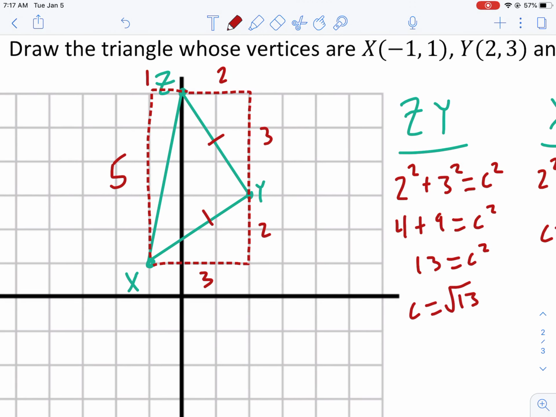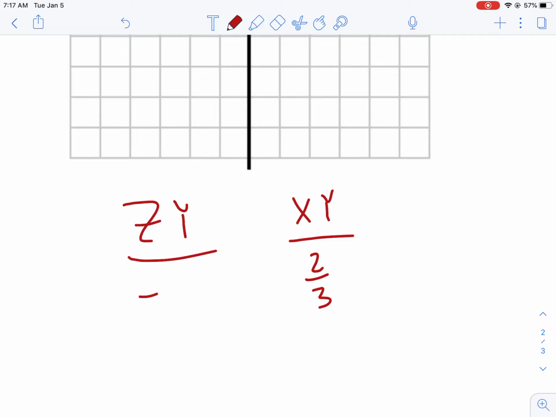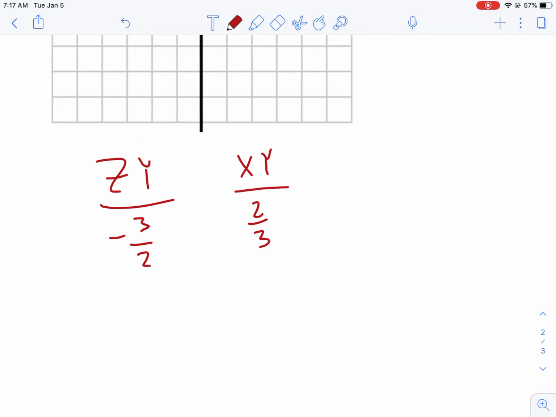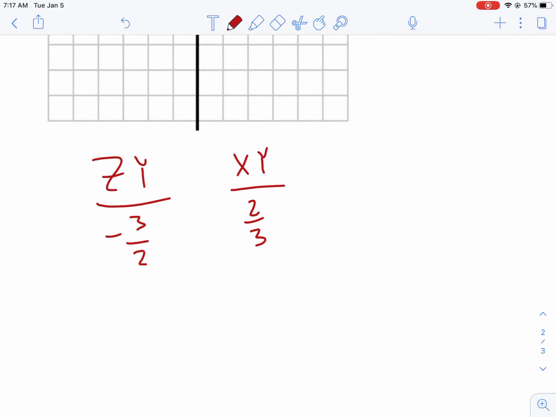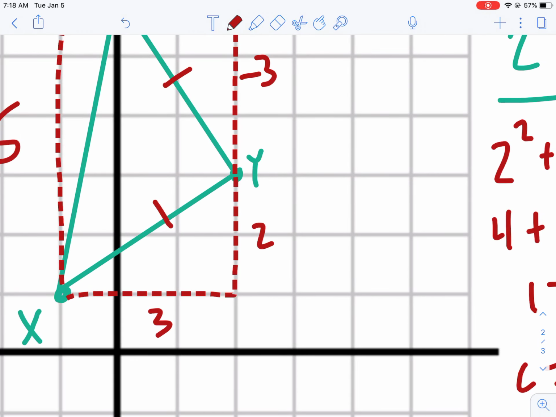ZY's slope, so ZY is actually going down. So its rise is -3 and its run is 2. So rise over run, -3/2. And are these slopes perpendicular? Yes. Remember, they're flipped upside down and one's negative and one's positive. So they are perpendicular, which means this is a right angle.